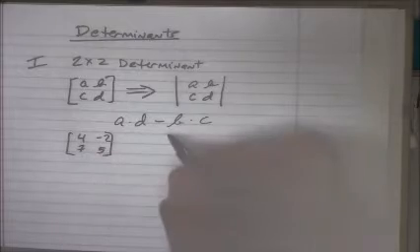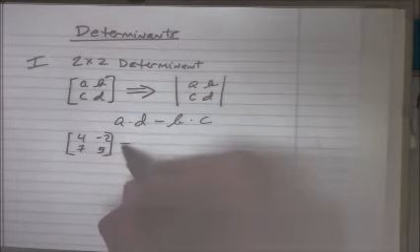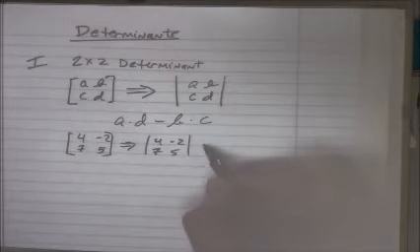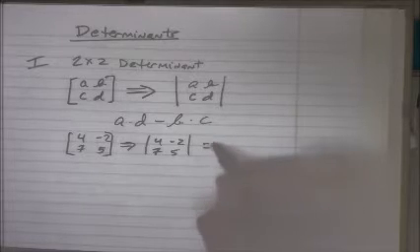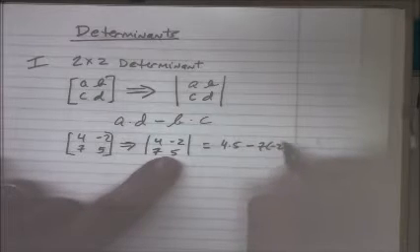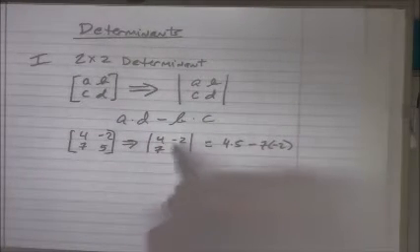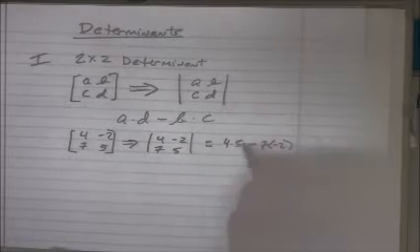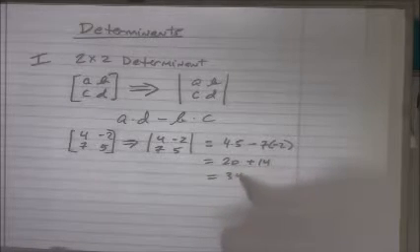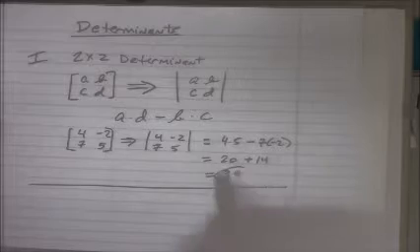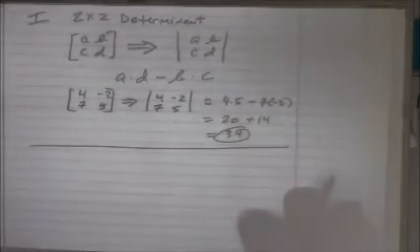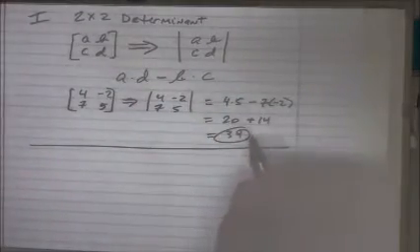The determinant of that is going to be 4 times 5 minus the 7 times the -2. 4 times 5 minus -2 times 7, equals 20 plus 14 equals 34. So 34 is the number that signifies the determinant of that. So the determinant always boils down to a single number.